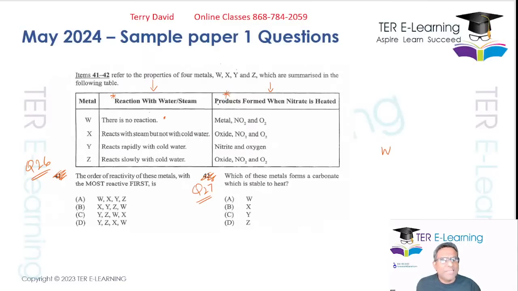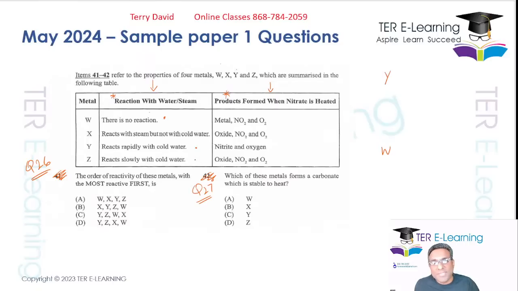So that means X is reactive, but it's not so reactive that it reacts with cold water. If I look at the others here, you realize that Y reacts rapidly with cold water. So based on the observations here, Y seems to be the most reactive, the fact that it could react with cold water.